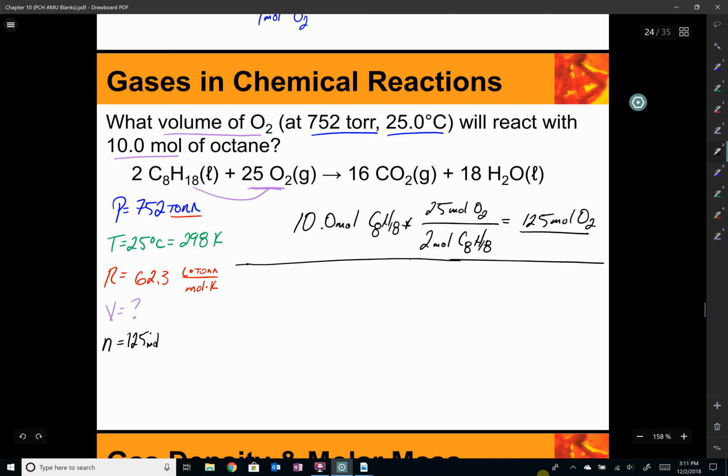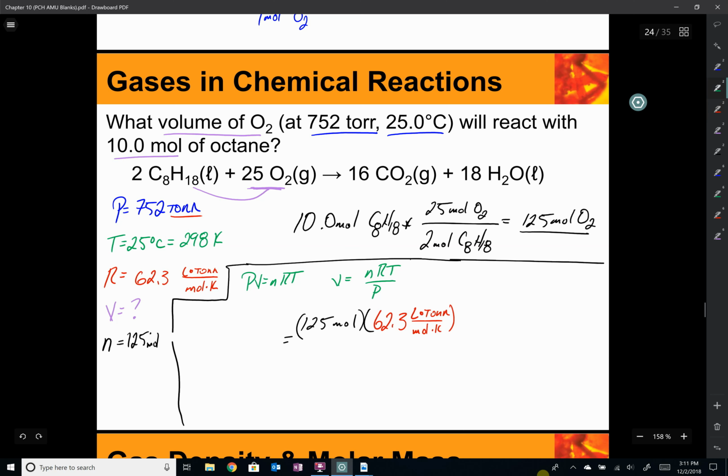Now we have a nice complete set of information that we can use in our ideal gas law. PV equals nRT. We rearrange for V: nRT over P. And now we just plug everything in. V equals 125 moles. We bring in our value of R, 62.3 liters torr per mole Kelvin.